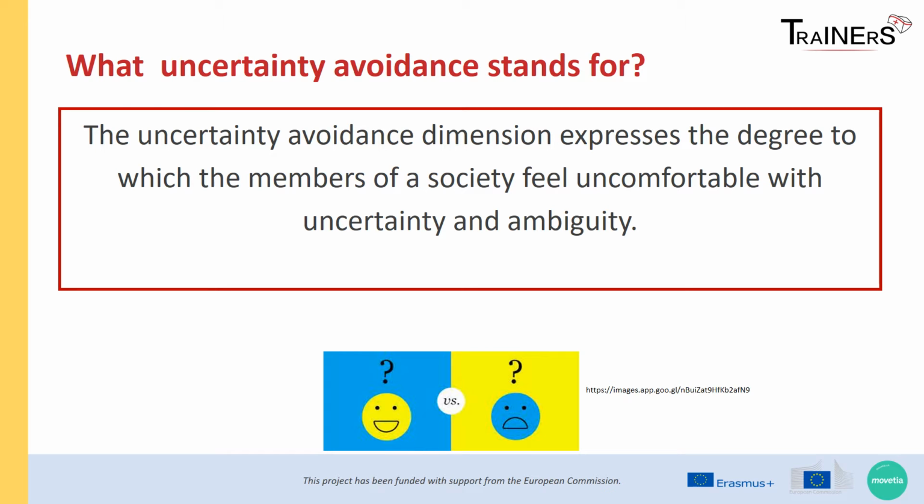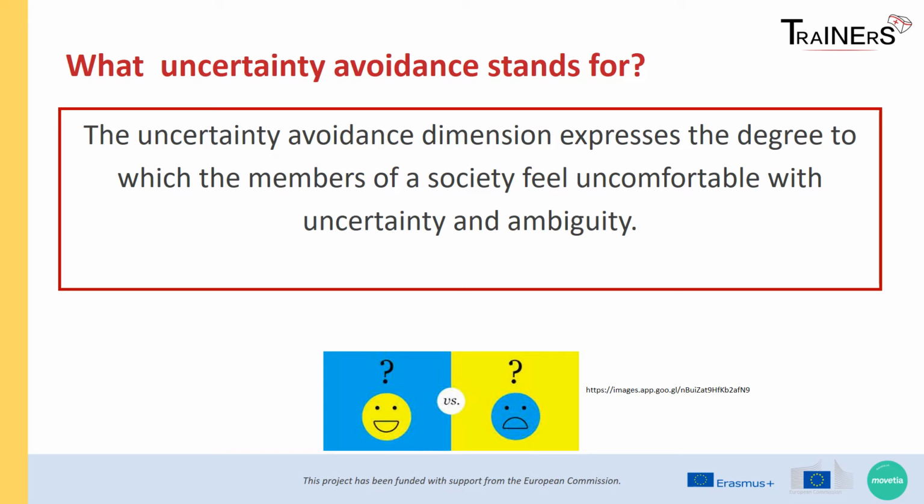What does uncertainty avoidance stand for? The uncertainty avoidance dimension expresses the degree to which the members of a society feel uncomfortable with uncertainty and ambiguity. And of course, this could affect change or flexibility.